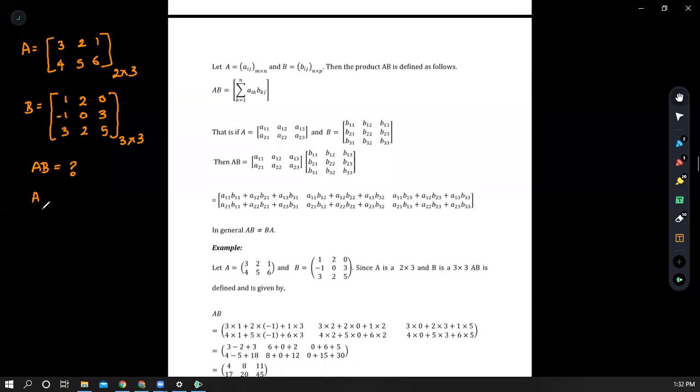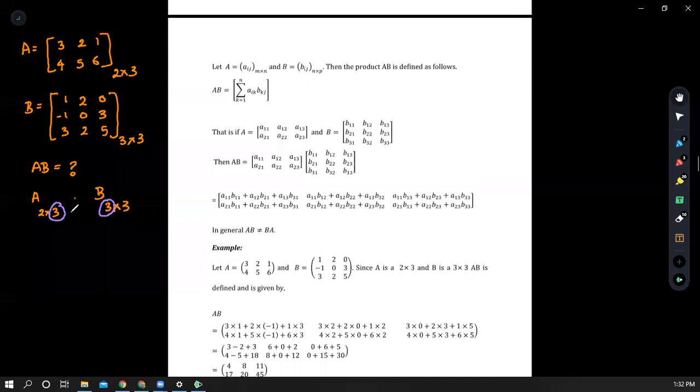Then first you can write down the dimensions of the matrices. You can see that the number of columns of the first matrix is equal to the number of rows of the second matrix.